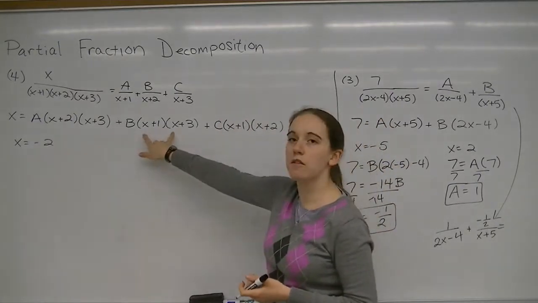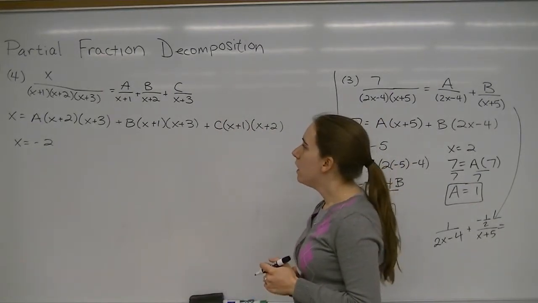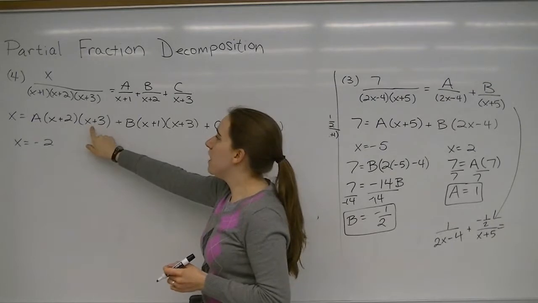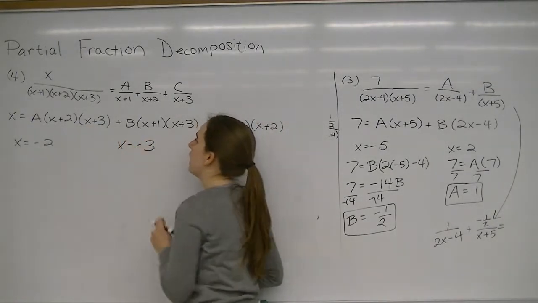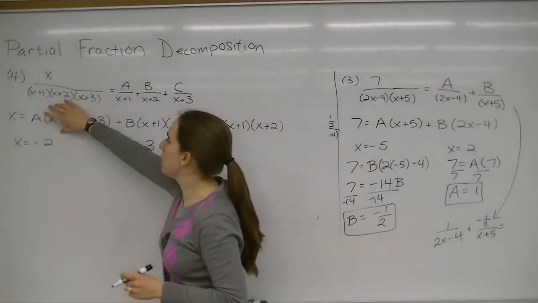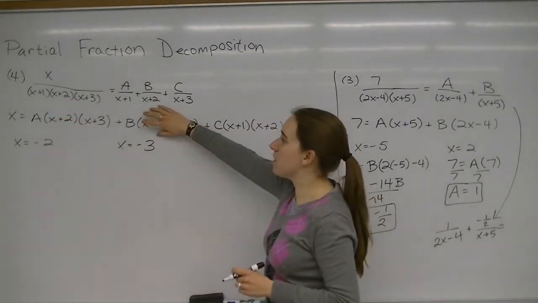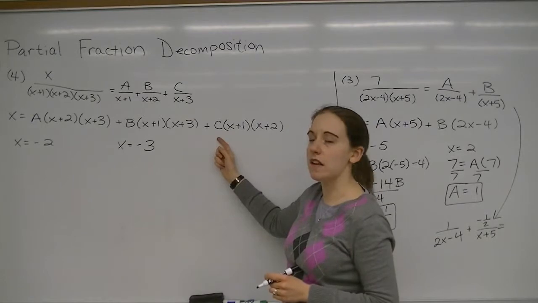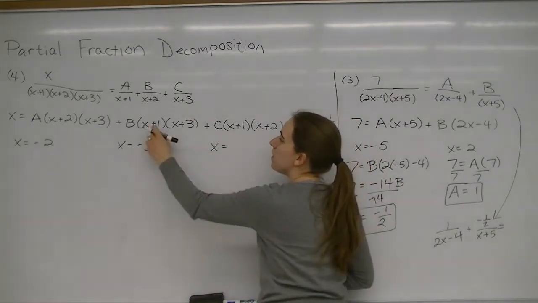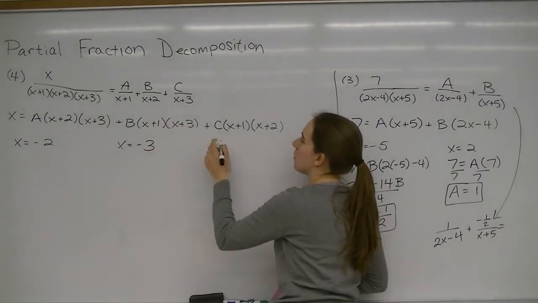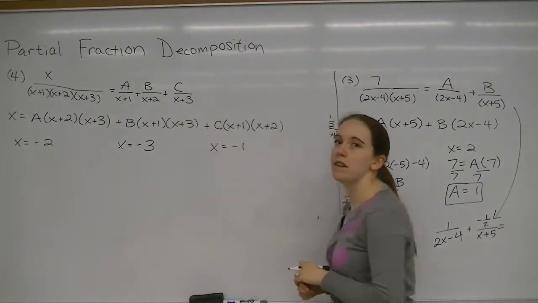So we'll be able to solve for b. Now, if I let this term be 0, I'm going to have x equals negative 3. That'll make this piece all 0, and it'll also make this piece 0. We'll be able to solve for c. So in order to solve for a, I need this piece to also be 0, so both of these will be 0. So I need x equals negative 1.